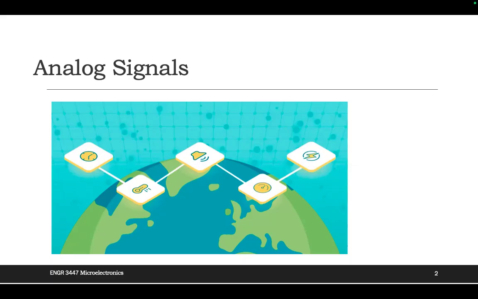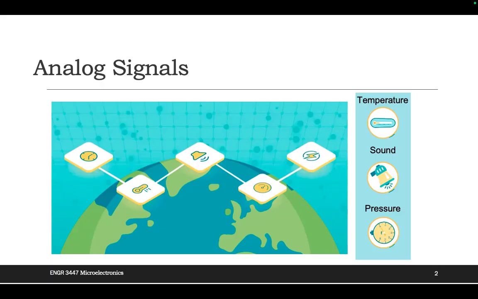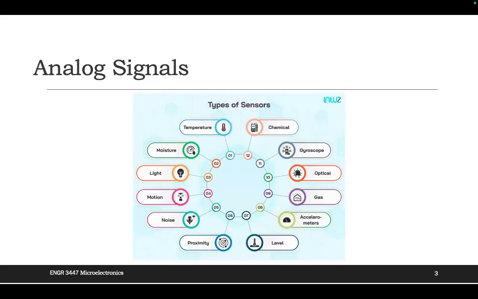Do you know why we call it analog signals? Actually, I think I talked about this in microelectronics. Do you remember? The analog signals we have are temperature, sound, pressure. Let me show you this image, and try to guess why we call those physical quantities analog signals.